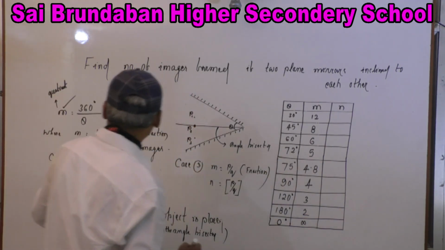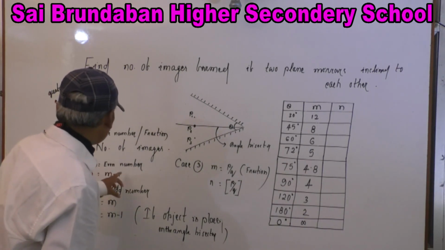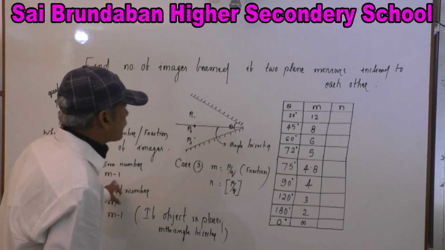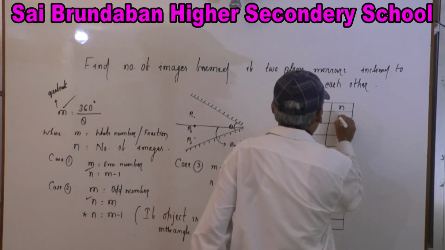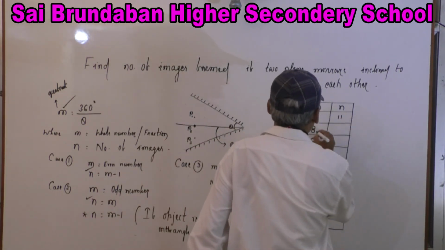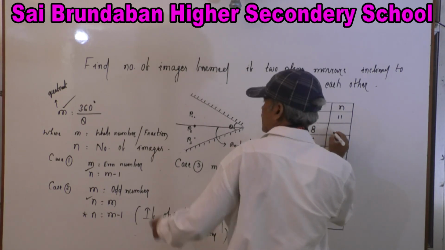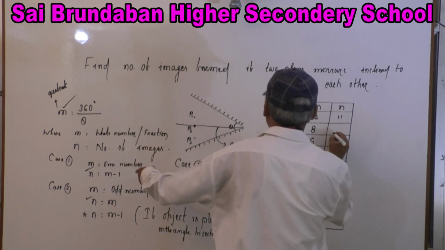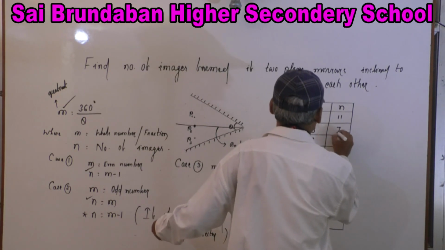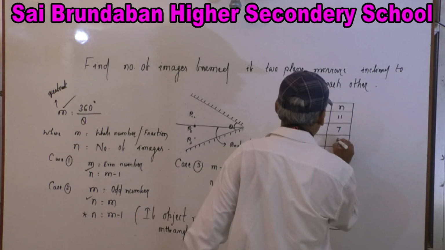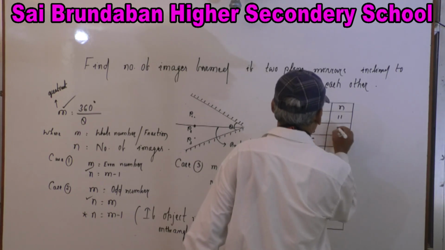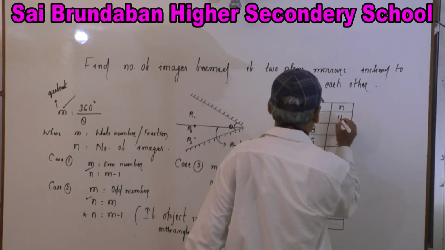Now, M is an even number means the number of images is M minus 1. So the number of images will be 11. It is even, so the number of images is 7. It is even, the number of images is 5. 6 minus 1 is 5, 8 minus 1 is 7, 12 minus 1 is 11.